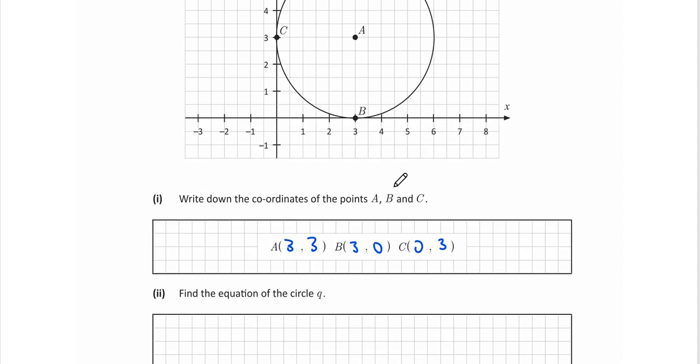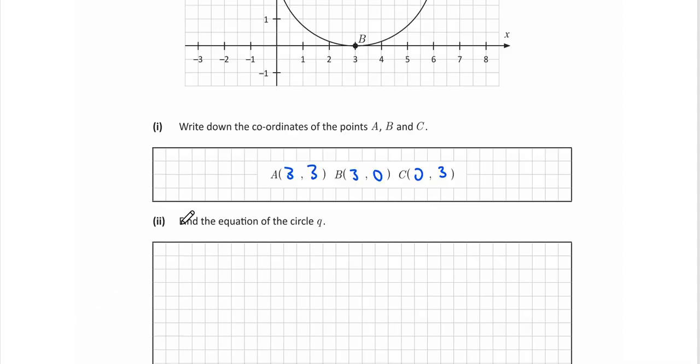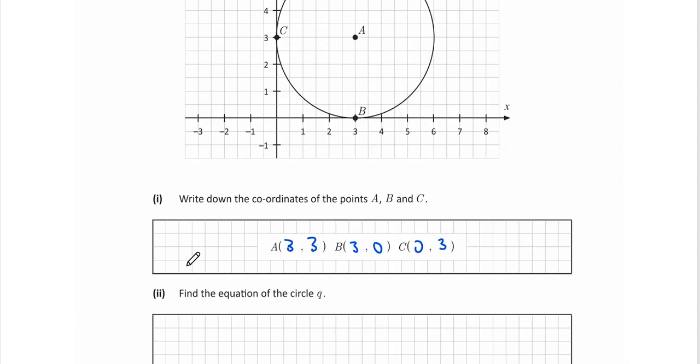Then it says write down the equation of the circle Q. There are a couple of different ways of finding it. To find the equation of the circle, we need the centre, which is point A, that's (3, 3), and we need the radius.